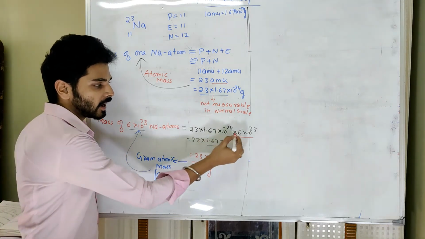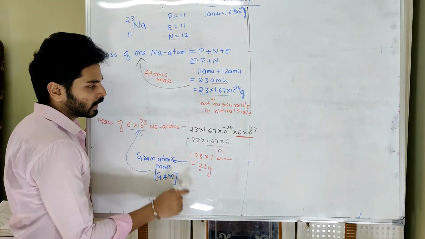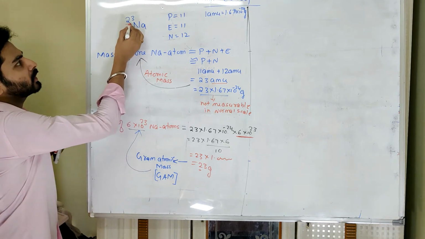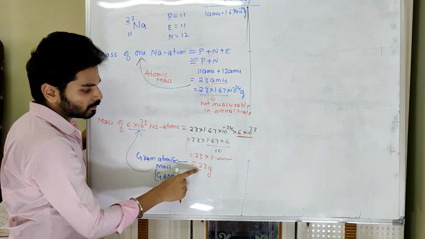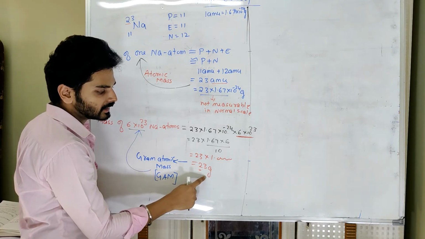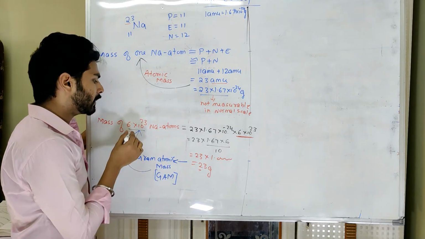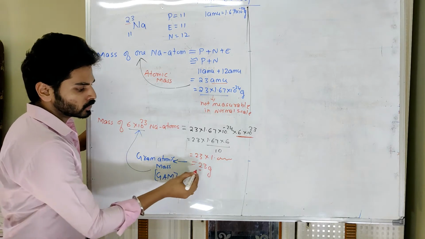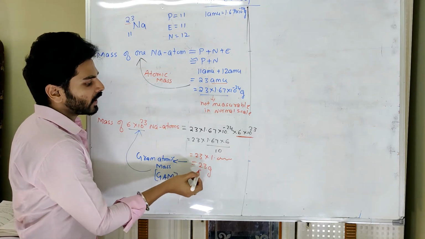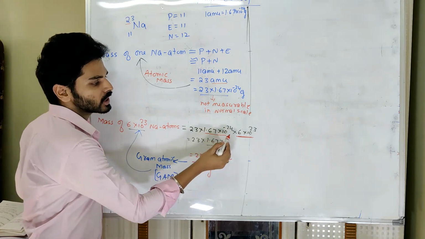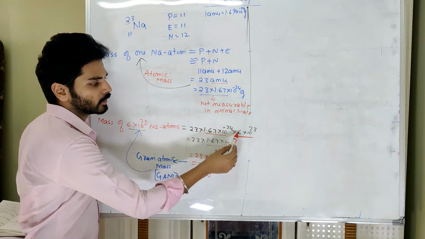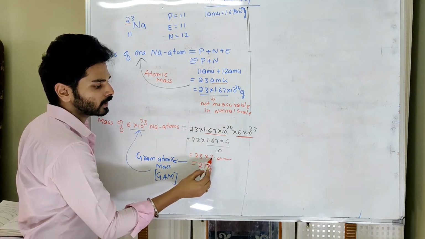Now why have I taken only this number? Now it is easy to remember the mass number of any element. And if I remember the same mass number or atomic mass in terms of gram, then I will remember how many atoms are there in that. So this particular number cannot be changed. If this is not changed, then this number cannot be changed also. Why? Because only if I multiply these two will I get 1.